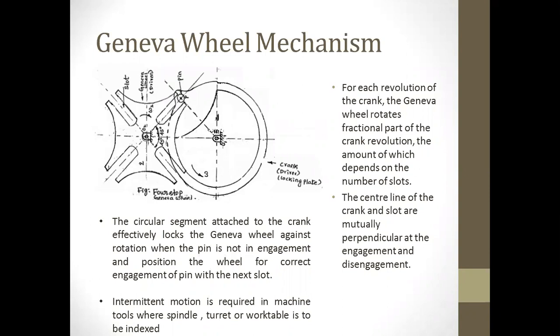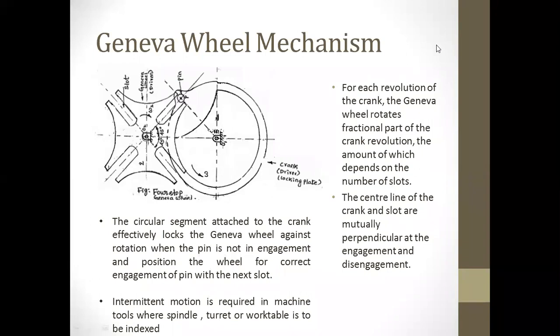It will help in the correct engagement of the pin for the next slot. Intermittent motion is required in tools where a spindle, turret, or worktable is to be indexed, that is, positioned exactly. There we will be using this Geneva wheel mechanism.